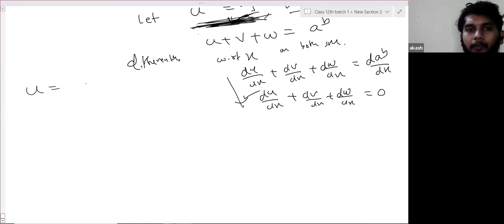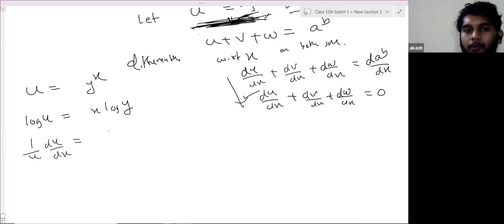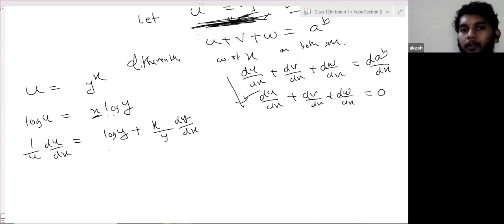So we have u equals y raised to the power x. So taking log, log u equals to x log y. Differentiating, 1 upon u du by dx equals to log y plus x upon y dy by dx. Right? It is u into v form. Differentiation of x is 1. So 1 into log y plus x times differentiation of log y.